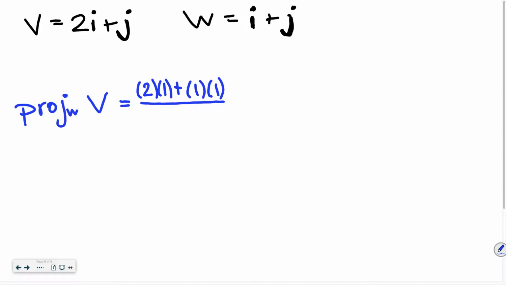Okay, and then we're projecting onto W, so we care about W's magnitude. So what is the magnitude of W? So what we have is 3/2 times the vector i plus j.